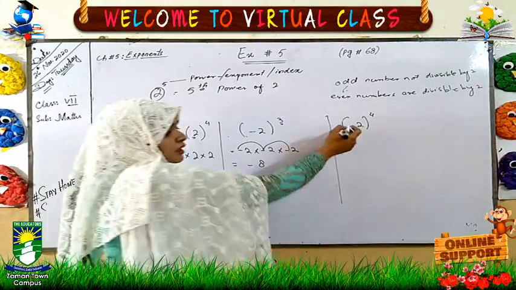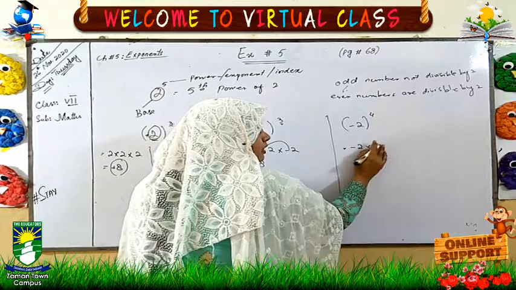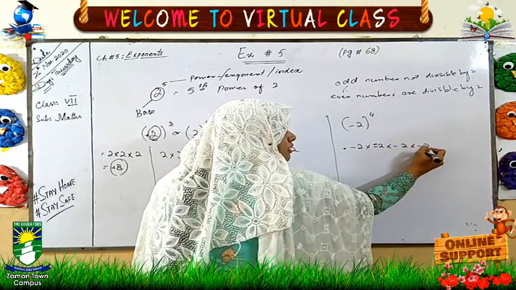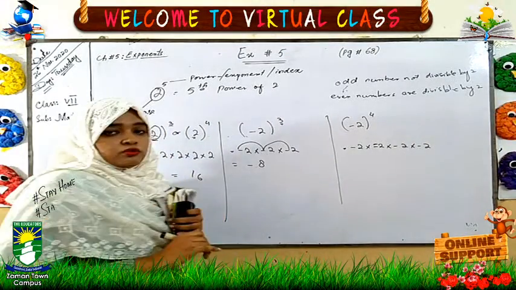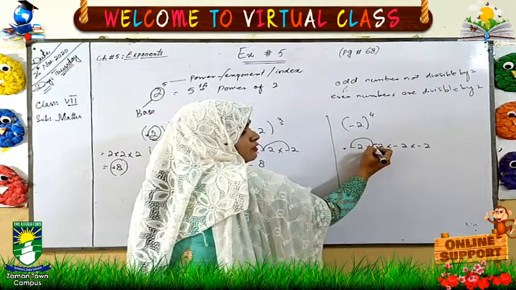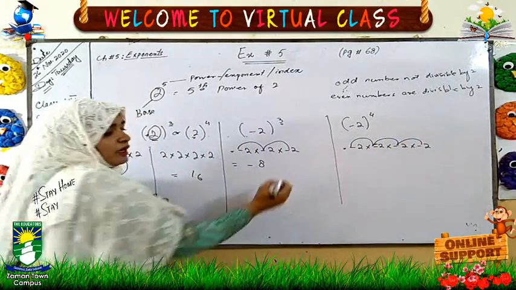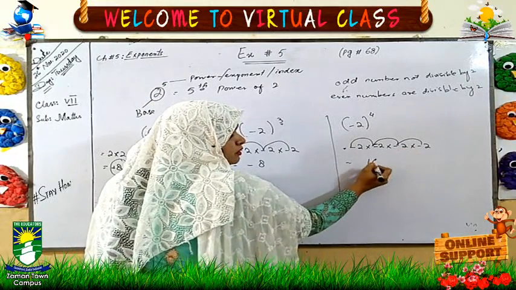And if I have an even power, it means minus 2 will be multiplied by minus 2 four times. Minus minus is plus, plus minus is minus, and minus minus again gives plus. So 2 twos are 4, 4 twos are 8, 8 twos are 16.